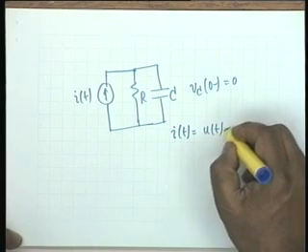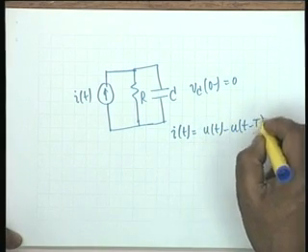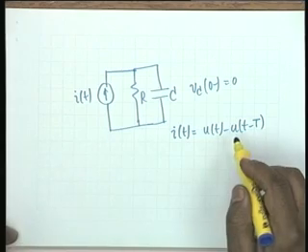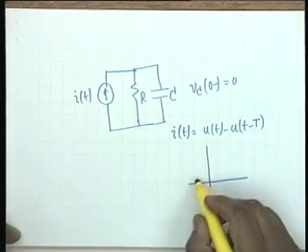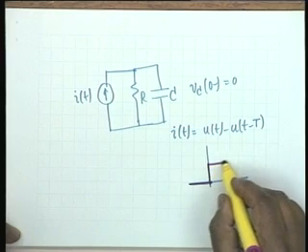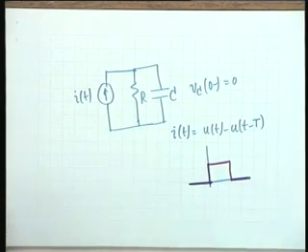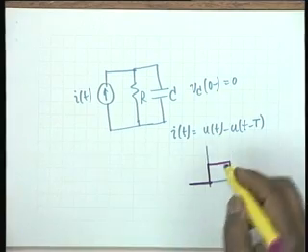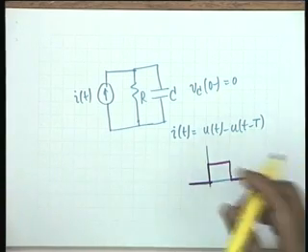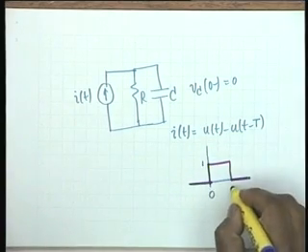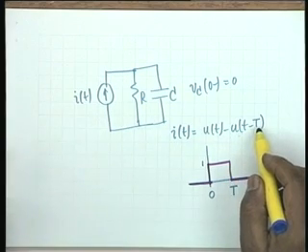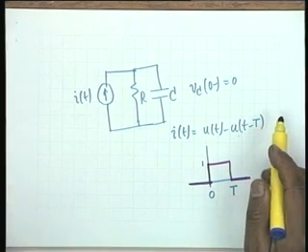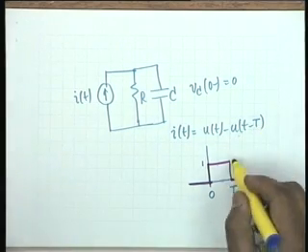It is u(t) minus u(t minus capital T), and as you know, the plot of this is like this. It is a rectangular pulse of unit height and duration 0 to capital T. U(t) is a unit step from which is subtracted another unit step at t equal to capital T, and therefore this is the pulse.